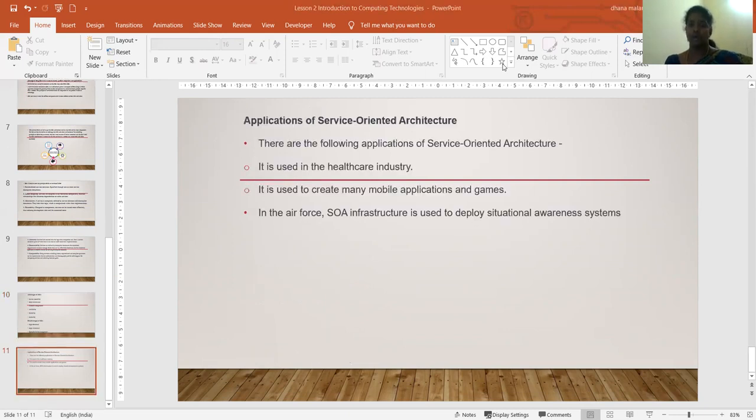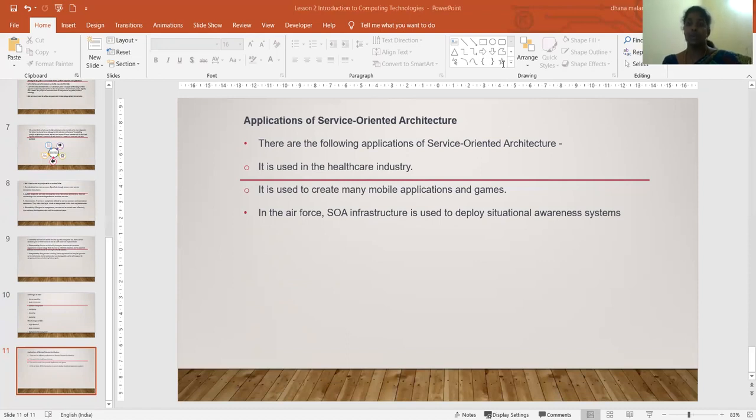Applications of service-oriented architecture. These are the following applications of service-oriented architecture. Service-oriented architecture is used to improve healthcare delivery. Nowadays, many apps are games and they use inbuilt functions to run. For example, an app might need GPS, so it uses inbuilt GPS functions of the device.